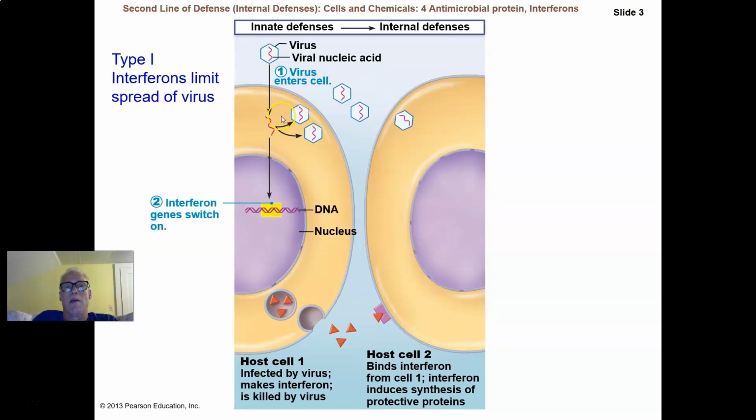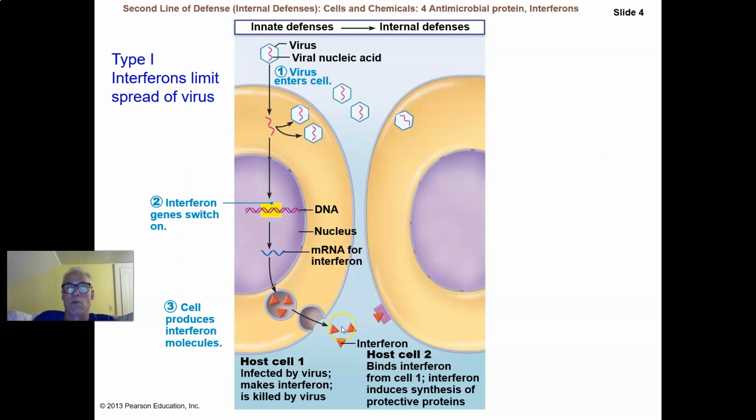But at the same time that's all happening, the cells have developed defenses in which interferon genes will be turned on by this process of the virus coming in and co-opting the cell's machinery to make its particles. And so interferons will then be produced. Here we have a messenger RNA being produced and then being converted into actual interferon chemicals in the cytoplasm.